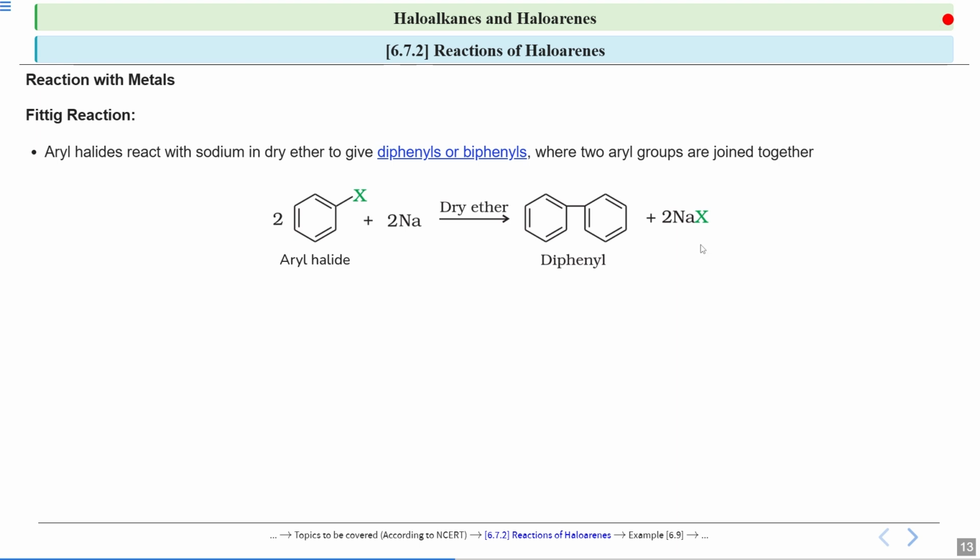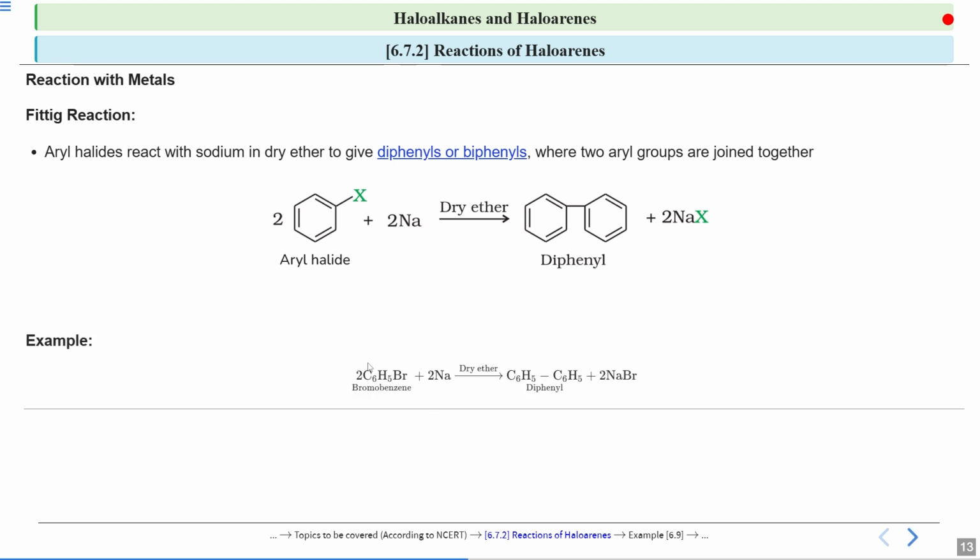We can understand this through the reaction. We react two aryl halide molecules, that is, benzene rings attached to a halogen, with sodium metal in the presence of dry ether, and get diphenyl as the major product, where the two aryl groups join together. Sodium halide is the side product.